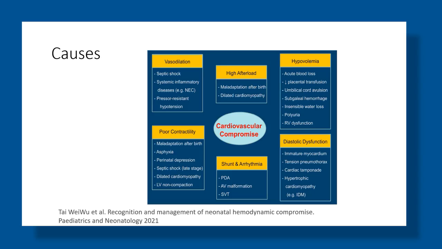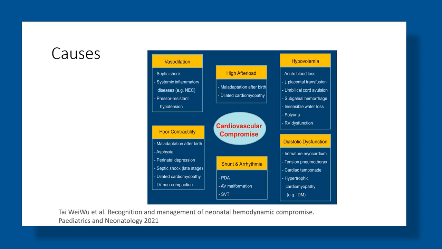So we are now going to look at some important causes of hypotension in newborn babies, whether they are preterm or term. Commonly, we see some babies developing vasodilation, therefore reduction in the peripheral vascular resistance. This we see mainly in babies with sepsis, especially septic shock, or babies with necrotizing enterocolitis. In some babies, they can be hypovolemic as well.